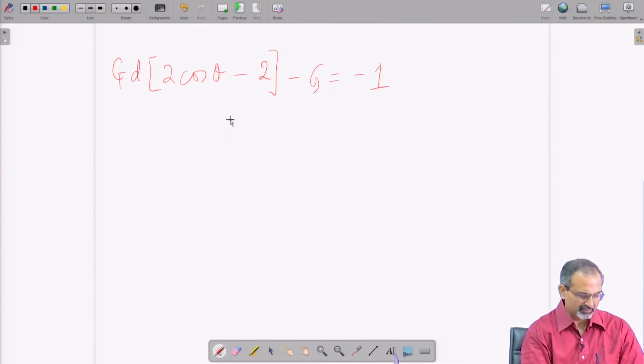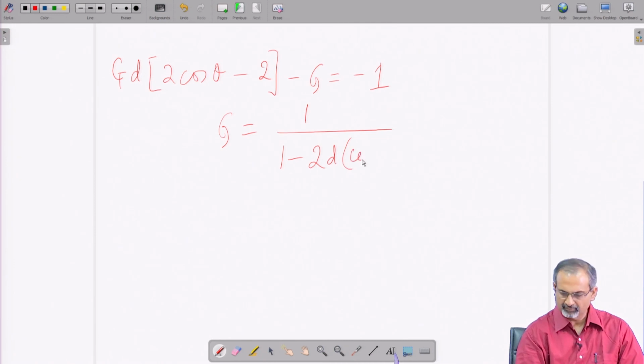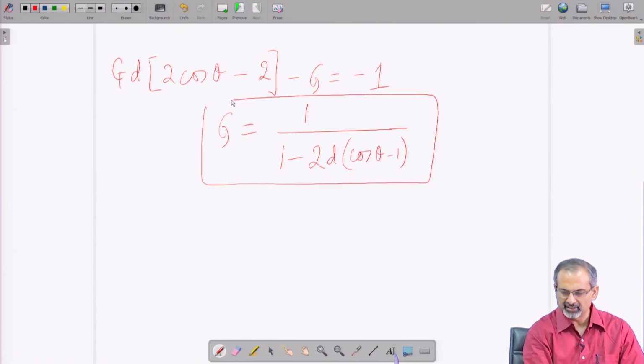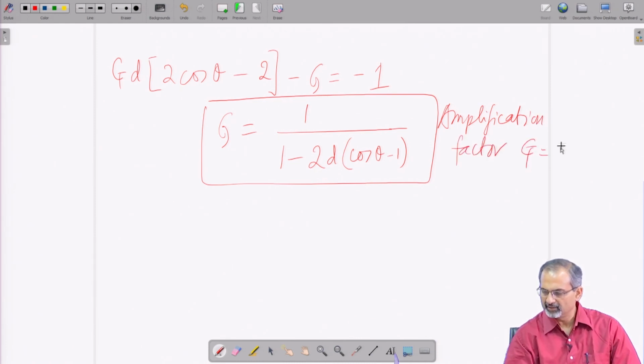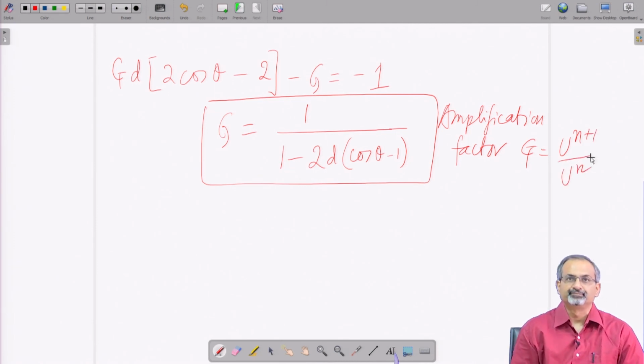Just rearrange the terms and you have a form like this. We remember G is our amplification factor, which means it is the ratio of u^(n+1) by u^n.